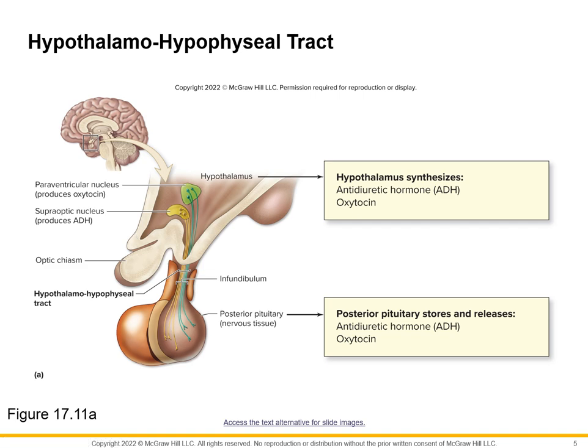Both of those, after they're produced, they move down into the posterior pituitary via axonal transport. So they move down these axons through the infundibulum, and then they are stored in the posterior pituitary, and then they'll ultimately be released from the posterior pituitary. But big thing, they're not made there, right? They're made in the hypothalamus, okay?